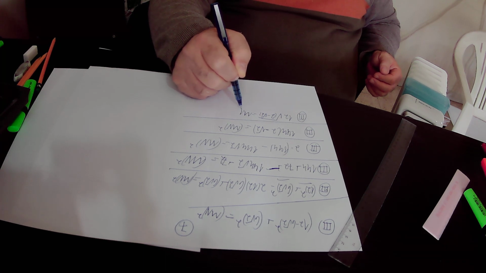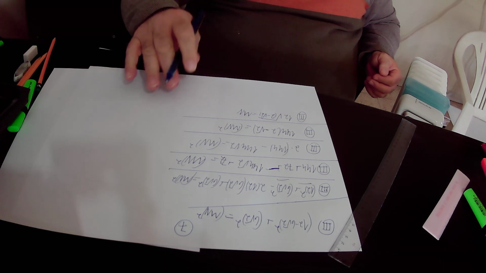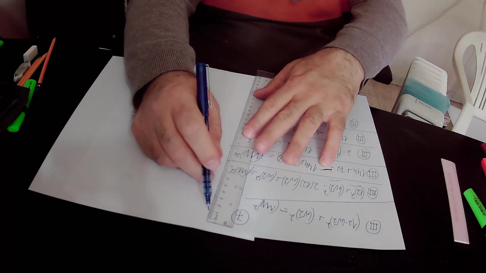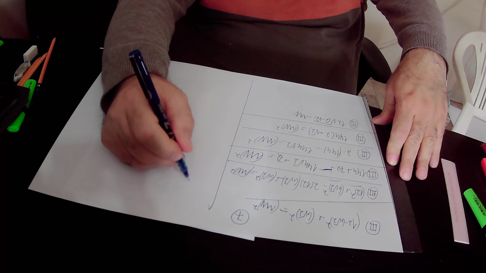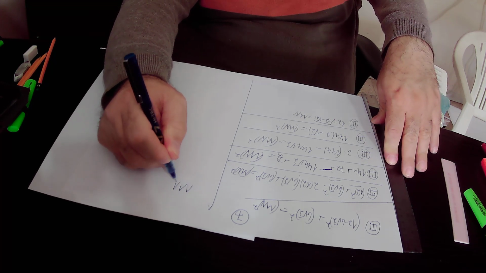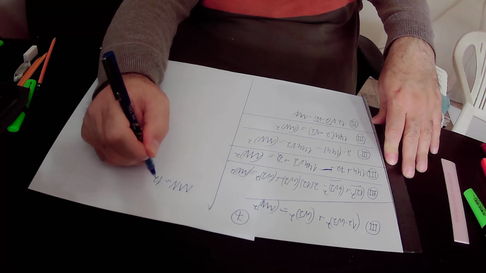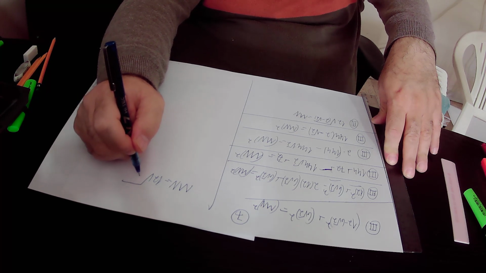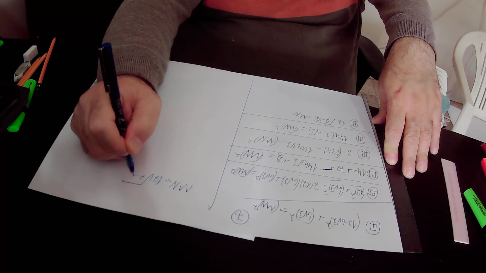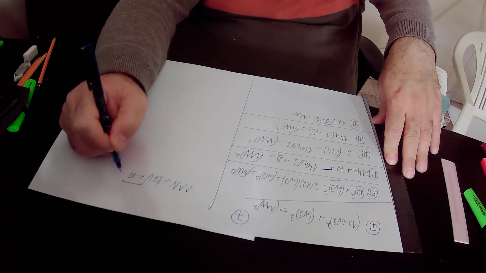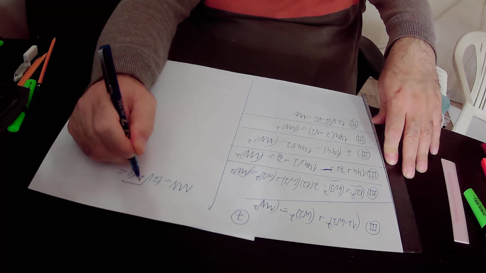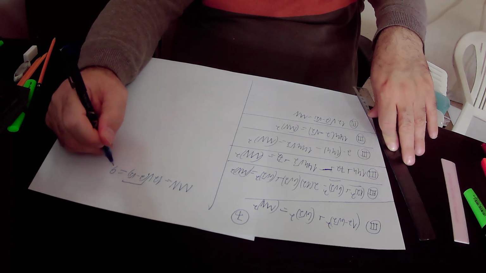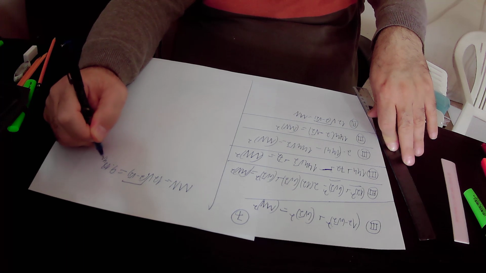So in conclusion, we found out that the length of line segment MN is equal either to 12 times square root of 2 minus square root of 2 units, or in terms of numbers, it is equal to 9.18 units.